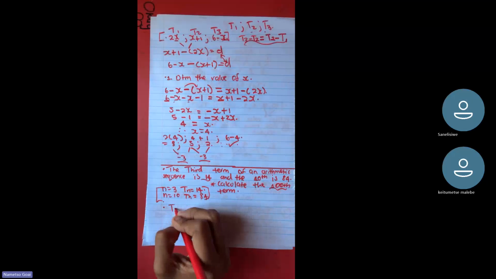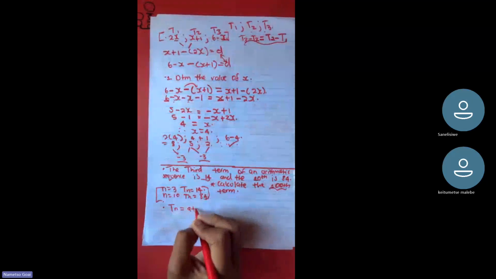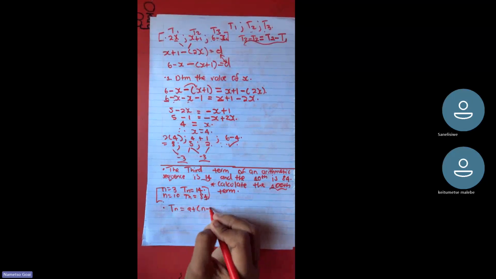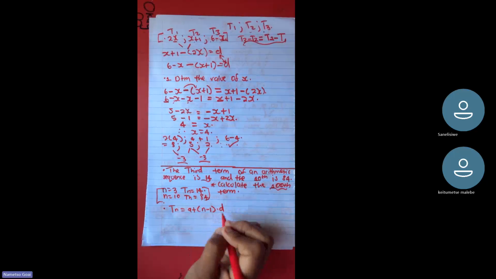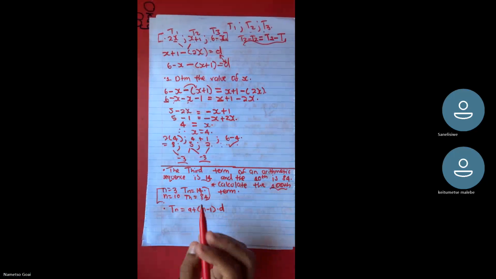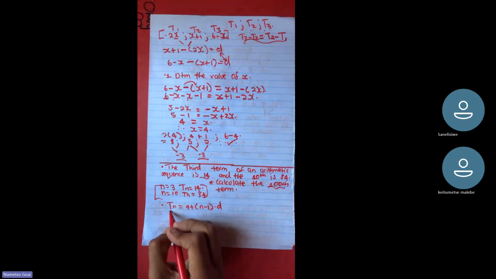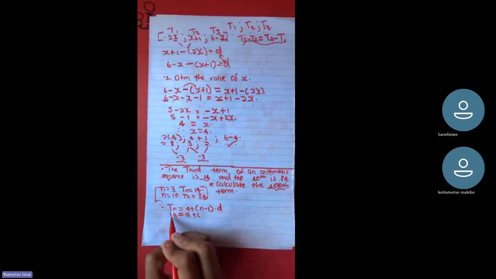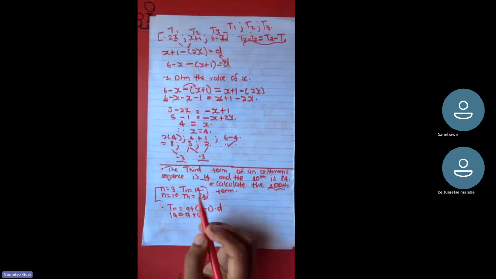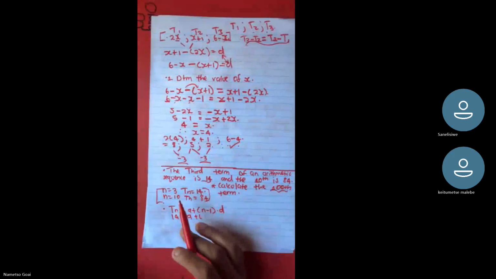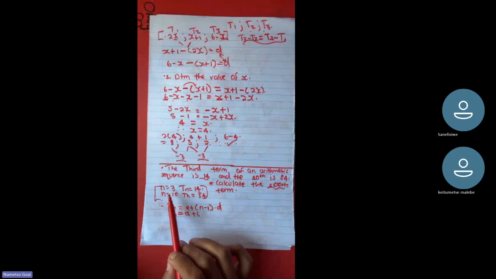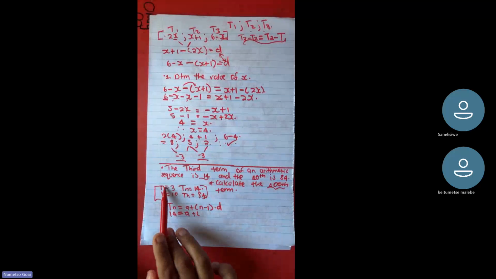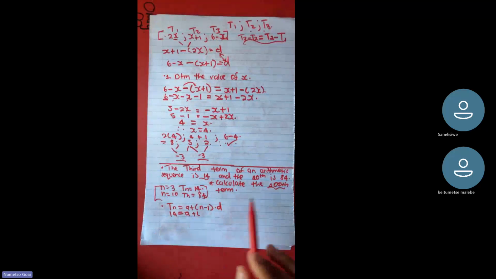Okay, fine. We have Tn equals A plus bracket n minus 1 d, right? They're telling us that the third term equals 14, and we don't know what our A is, right? So we're going to say A plus, but when n is 3, we have position 3 being the 14.